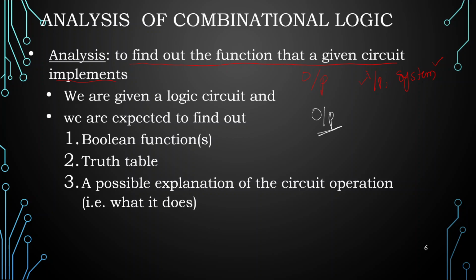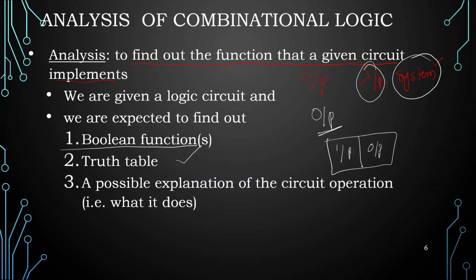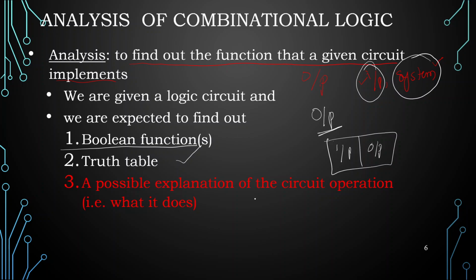Once you find the output from the input information and system information, the system may be complex or as simple as a half adder or full adder. We are expected to find the Boolean functions, the output functions. We look at the input-output relations: for every input combination, what output do we get? I will tabulate the input-output relations.